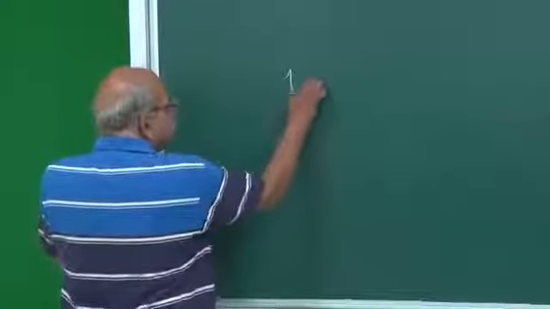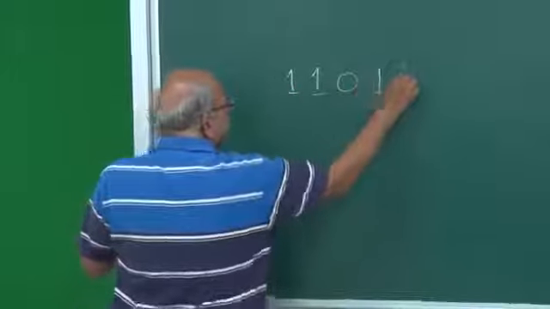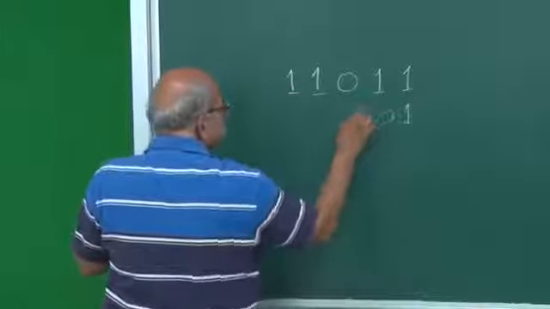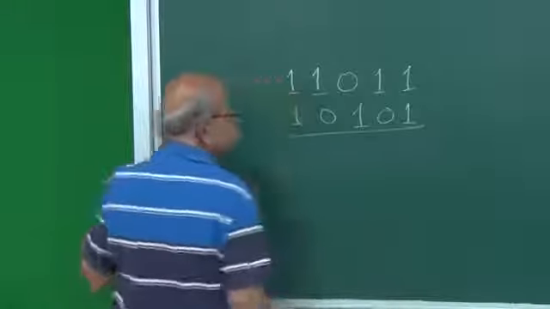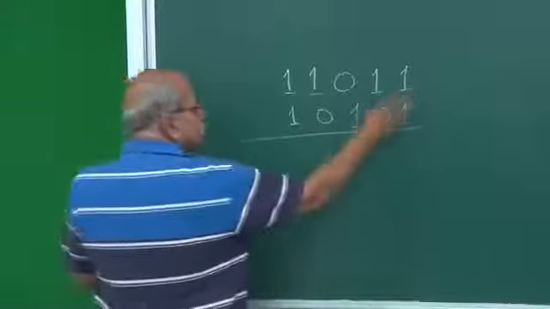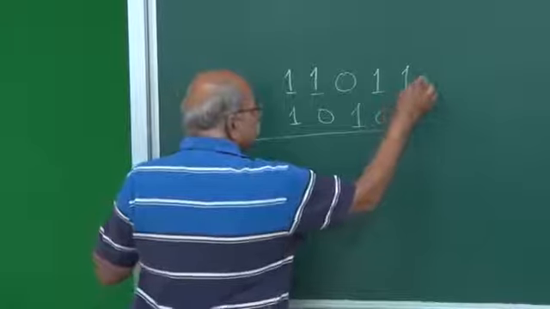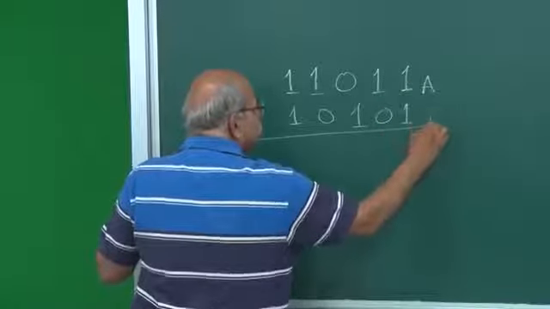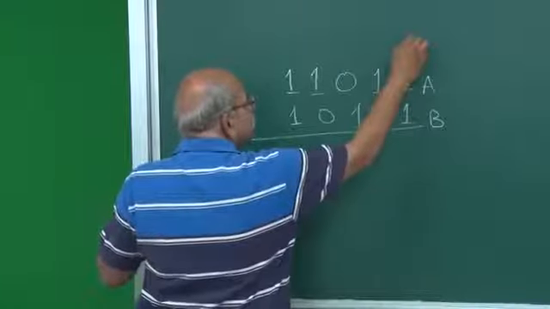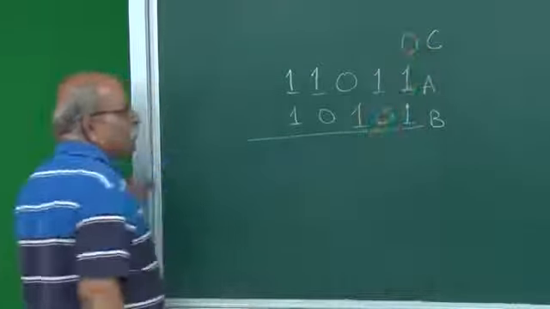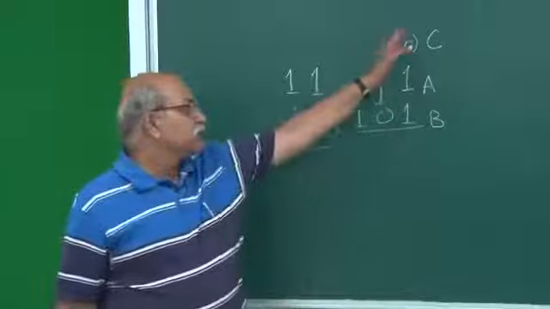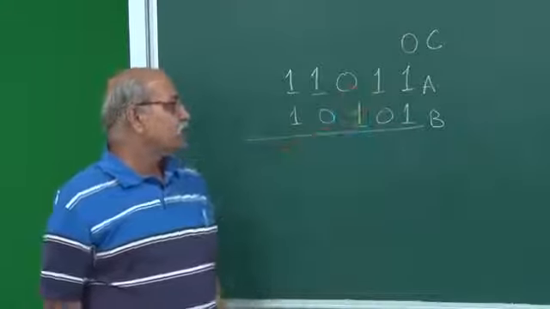So let us say we have some number here, and we have to add. So let us call this A, let us call this B, and this is our carry. So initial carry is always 0. Once you are in the rightmost position, initial carry is always 0.